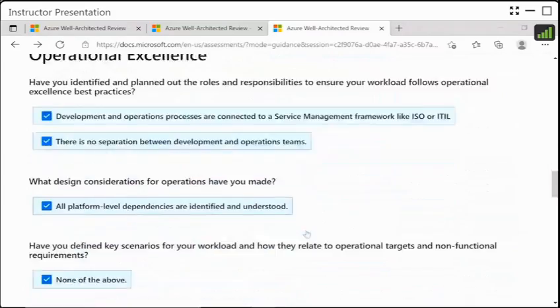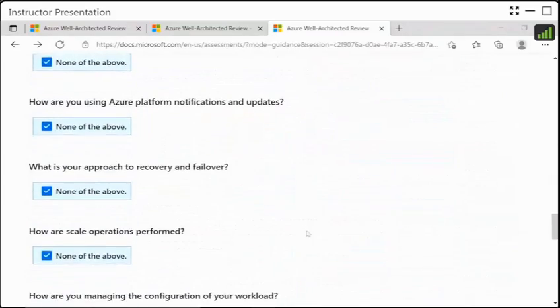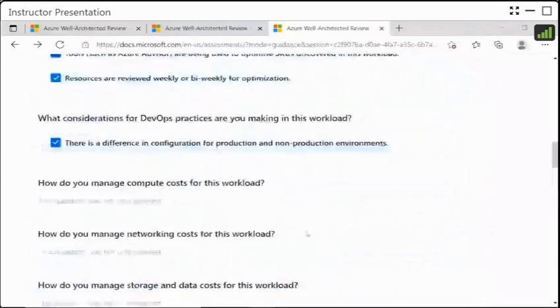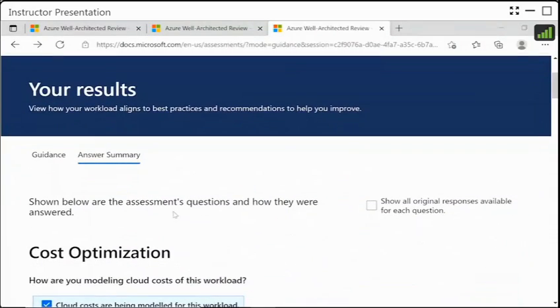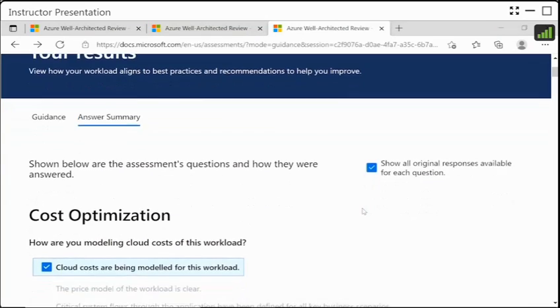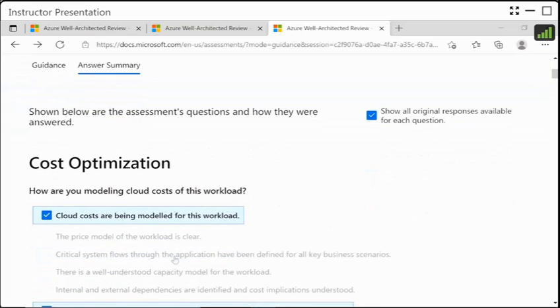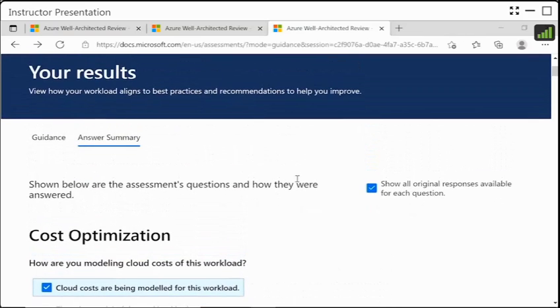And keep that as part of your information as well as you continue to improve. We can also come back here, and if we go back, you can see right here, show all original responses available for each question. I can actually do that as well, all right? So I can see what we put here in terms of our answers to those questions.